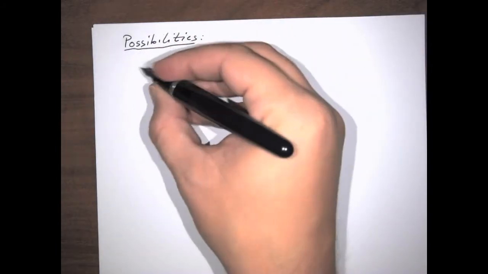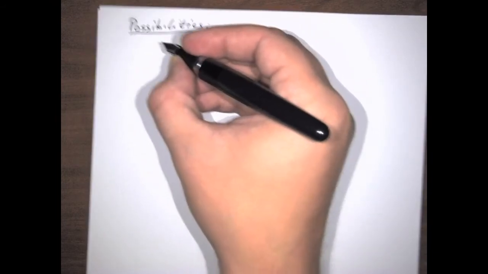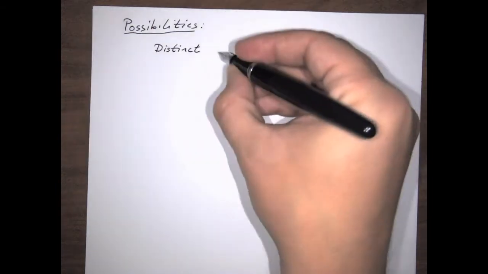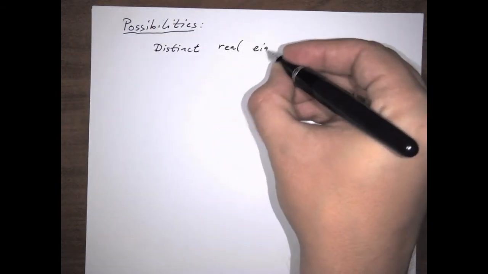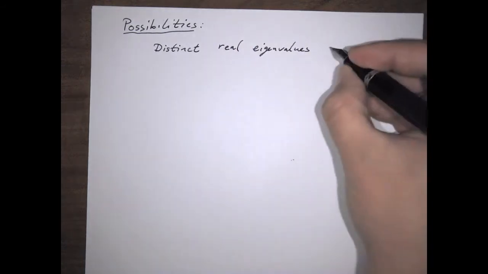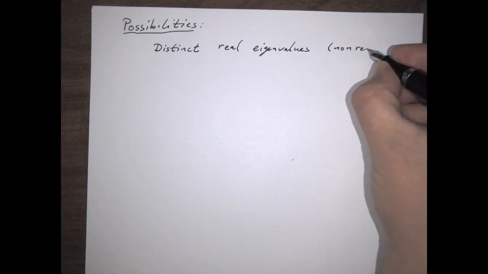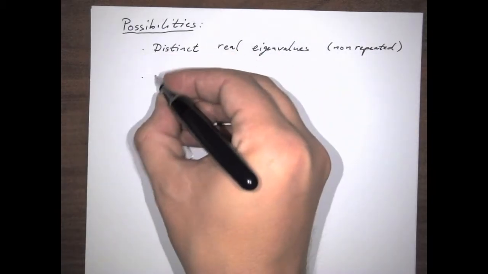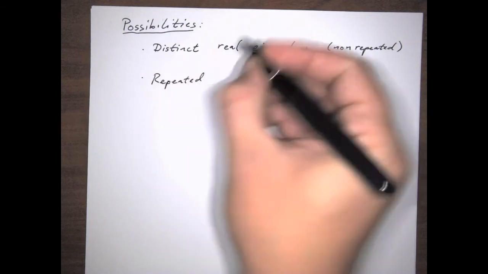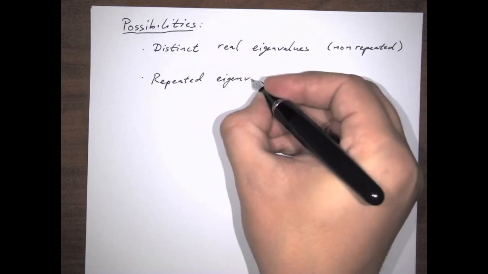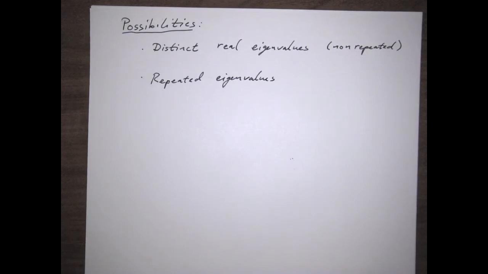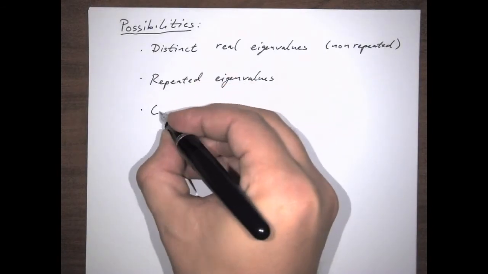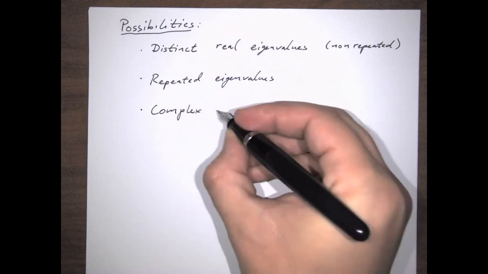We might get distinct real eigenvalues, each with only a multiplicity of 1, non-repeated. Then repeated eigenvalues, and here we'll really only be talking about repeated real eigenvalues, although it's possible that they can come in other flavors as well. And then finally, complex eigenvalues.